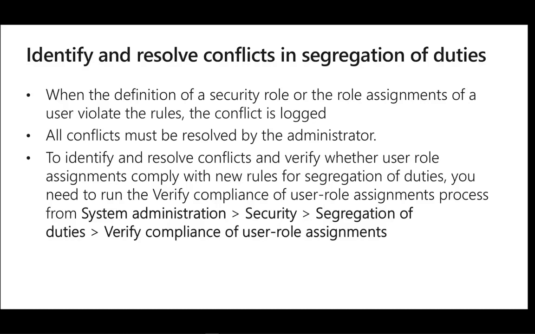To run the verification process as a batch job, we just need to select batch processing and then set the other batch parameters. After the batch job runs, we can review the conflicts in the segregation of duties conflicts page, then take the required action to correct them.